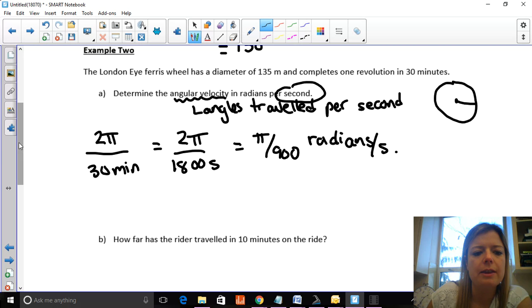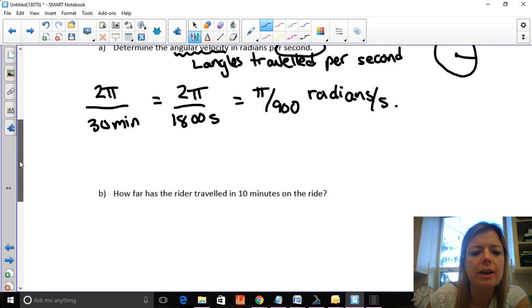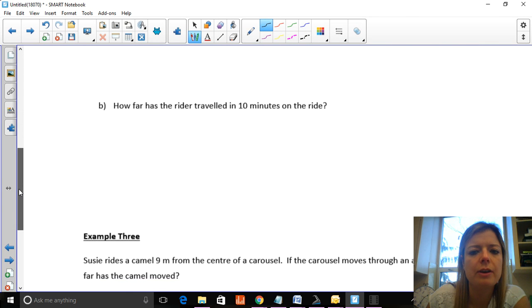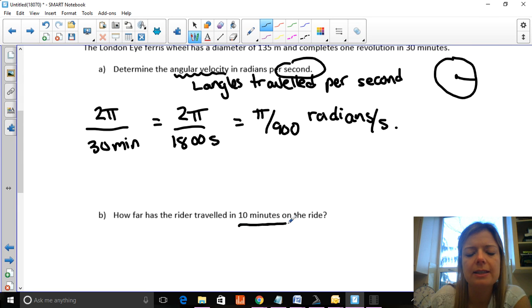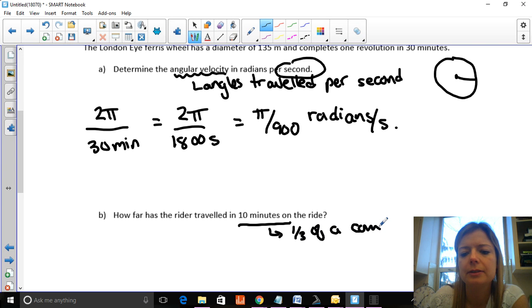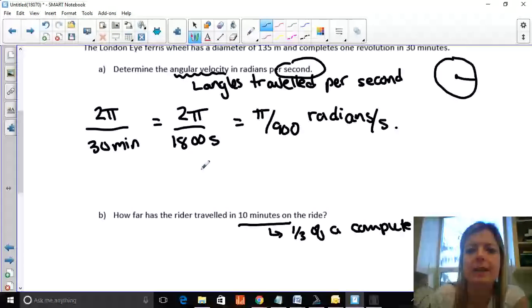All right. The next question says, how far has the rider traveled in 10 minutes on the ride? Okay, well, notice 10 minutes, that's 1/3 of a complete circle. So that's what's important to note, is that it takes 30 minutes to do it all the way.